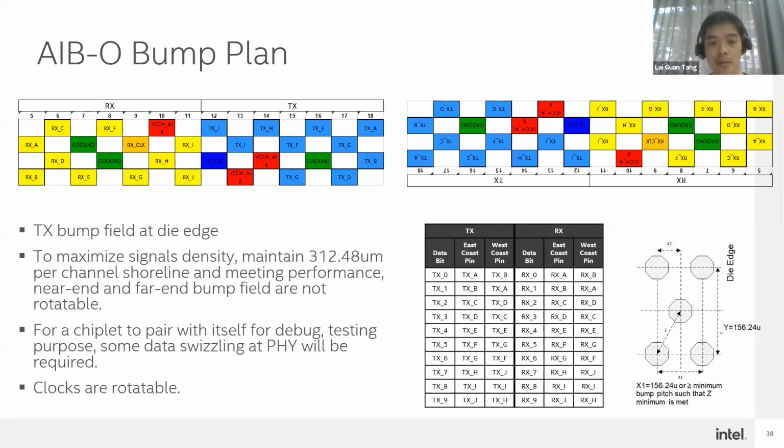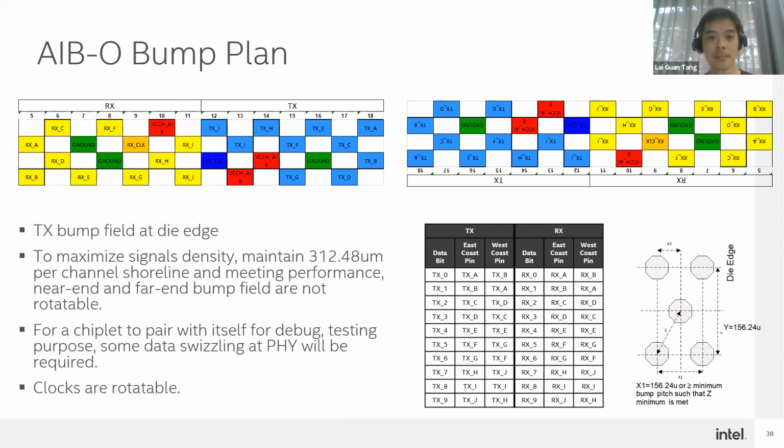For example, for data bit 0, on the East Coast you map to TXA, but on the receiving side on the West Coast, we'll need to map to the RXB pin. That way you have more straight-line routing on the package and less jog, because the more jogging you do on the package, the more you impact the signal density on the package.